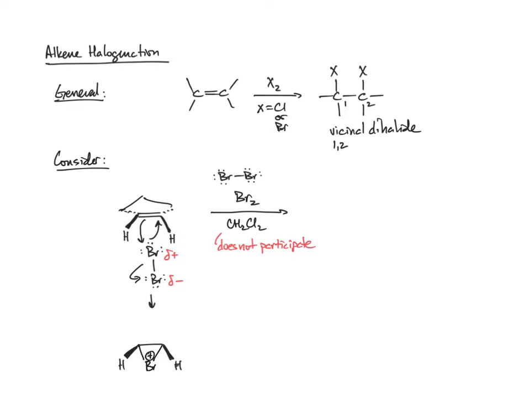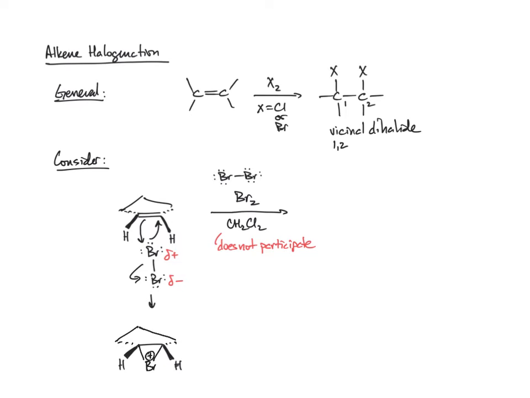So the plus charge is on the bromine. Now I'm just going to fill in the rest of the ring. And so now you can think of the bottom face of the alkene as being blocked by bromine.